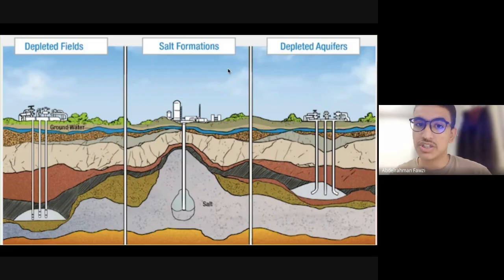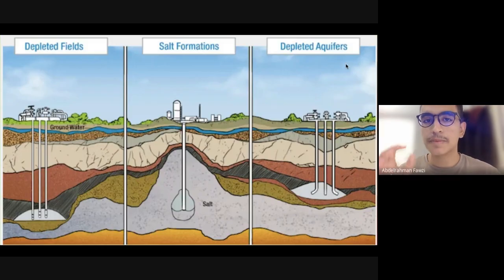We have the salt formations, and that's a very interesting idea because, for example, some formations might be salty, and we pump into this formation some sort of chemicals that dissolve the salt. What will happen afterward is that it will create a cavity. And the best part of this is that this cavity is very strong and very well structured. So if you pump CO2 inside these cavities, it will remain in a stable condition.